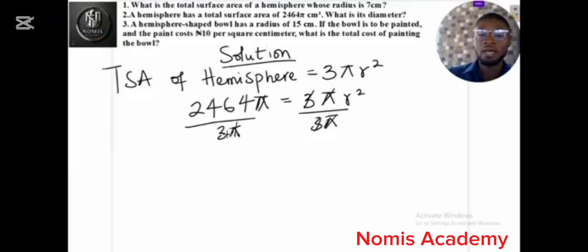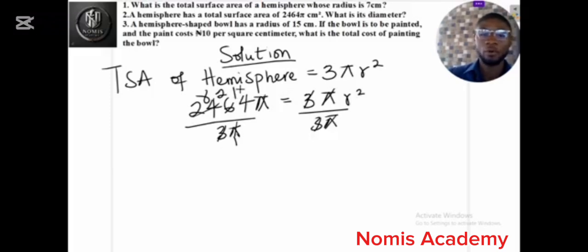So let's divide this by 3. 3 in 24 is 8, and then 3 in 6 is 2. So 3 in 4 is 1, remainder 1.